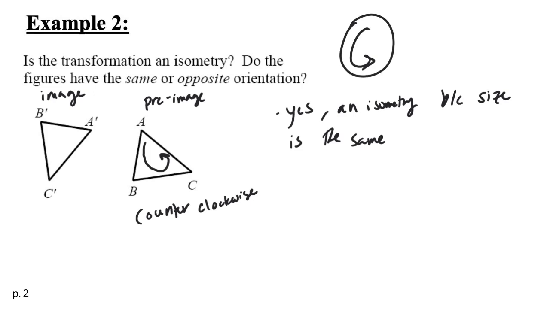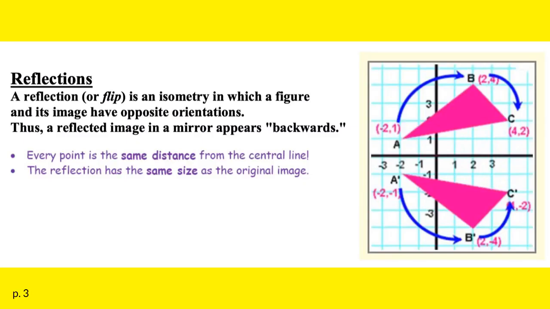Now, if I look at my image, I want to see how I'm moving from A prime to B prime to C prime. I notice that I'm still moving in the same orientation. I'm still going counterclockwise. So this is going to be the same orientation, because we're still moving counterclockwise to get through all the points.